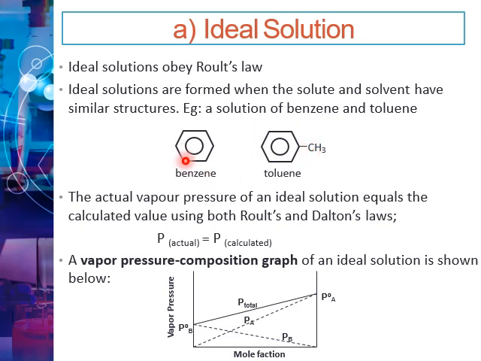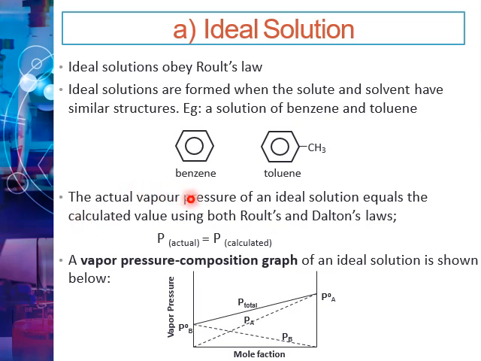For example, benzene and toluene are both from the family of rings. Benzene has a 6 ring, and toluene also a 6 ring, but toluene has an attachment of CH3, which makes a bit of difference between solute and solvent. But they come from the same C6 family.